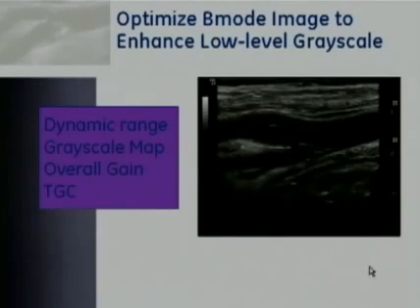Now when we're performing the exam, it's really important to pay attention to not only the Doppler but also the grayscale image. And for the grayscale or B-mode image, we want to enhance our settings so that we can see low-level grayscale.